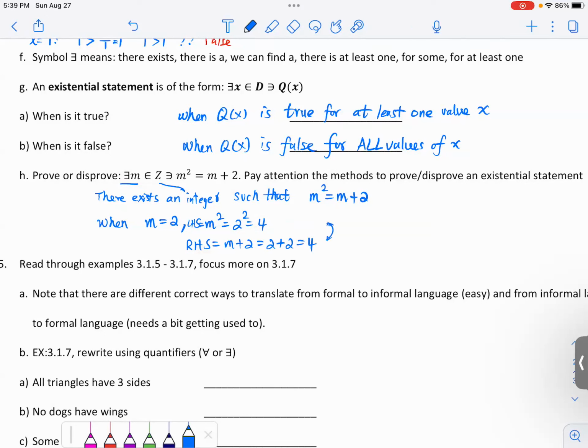Do you see that we can conclude that the left-hand side is equal to the right-hand side? And because we are able to find an integer so that this is true, and this is an existential statement, therefore we successfully proved that this statement is true. So we're going to say, therefore, the statement is true.